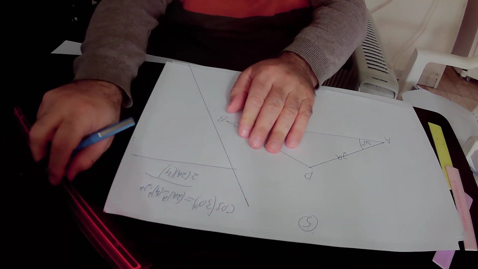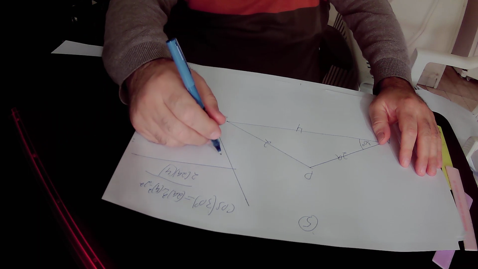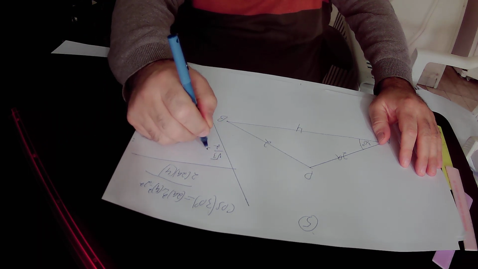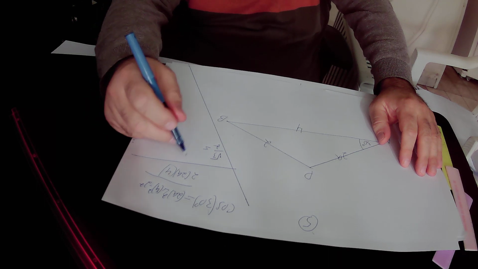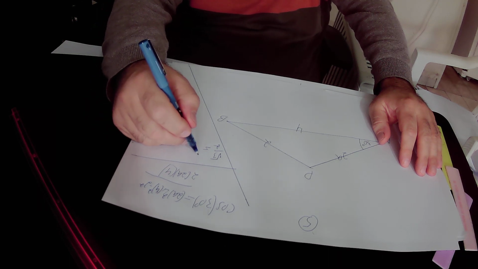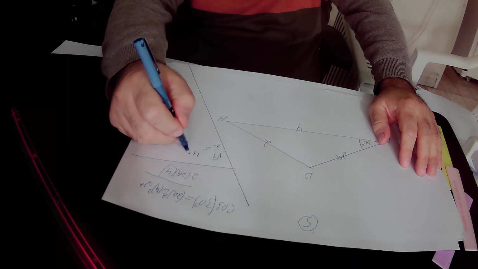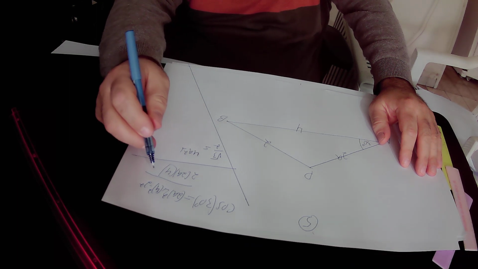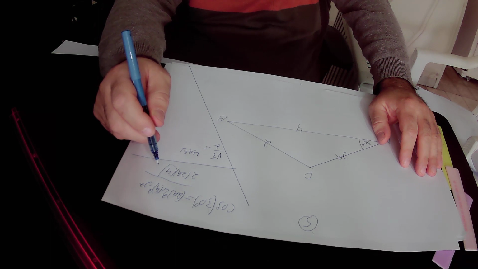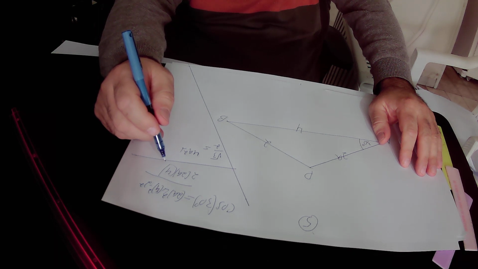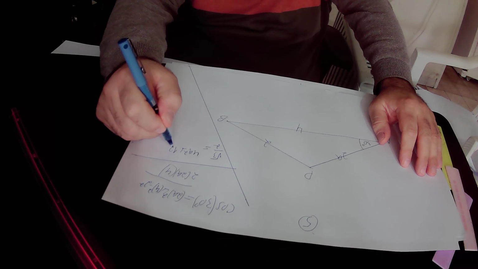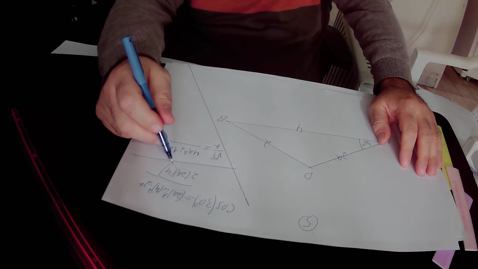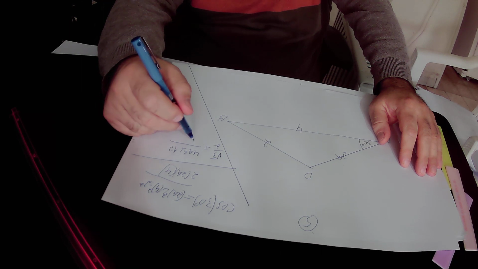We know that cosine 30 degrees is square root of 3 over 2, and it equals 2a squared is 4a squared plus 4 squared is 16 minus 2 squared is minus 4, 16 minus 4 is 12, over 2 times 4 is 8, and 8 times 2a is 16a.